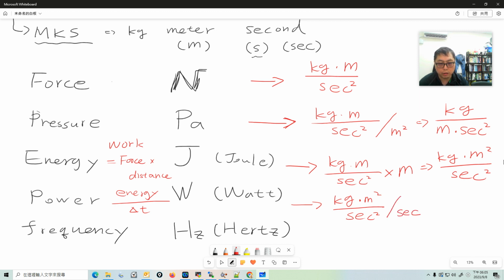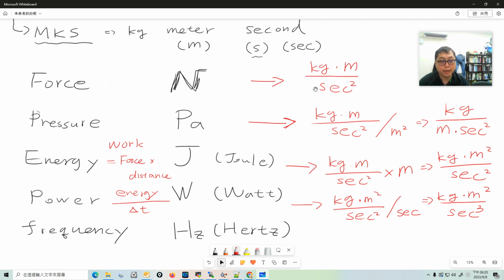So it becomes kilogram times m squared divided by second to the power 3, second cubed. So these important quantities, force, pressure, energy, and power, in the MKS system are like this.